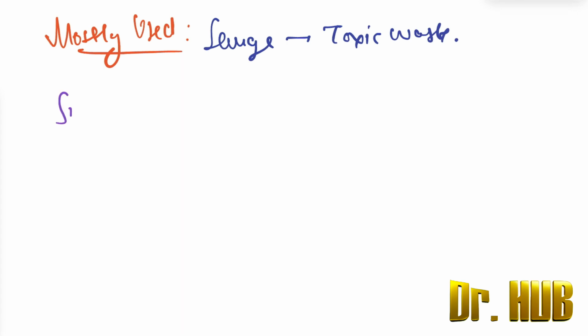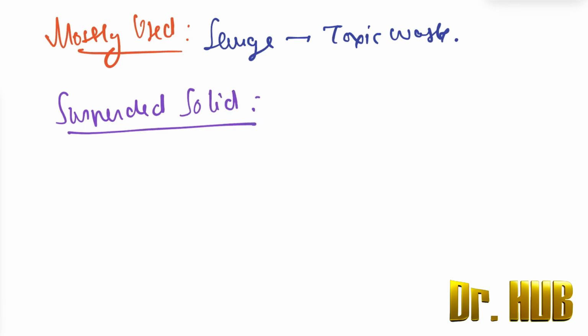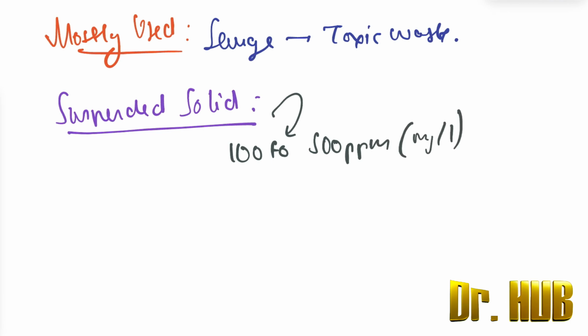Next, we look at the suspended solids. The amount of suspended solids in the sewage may vary from 100 to 500 ppm, that is mg per liter.